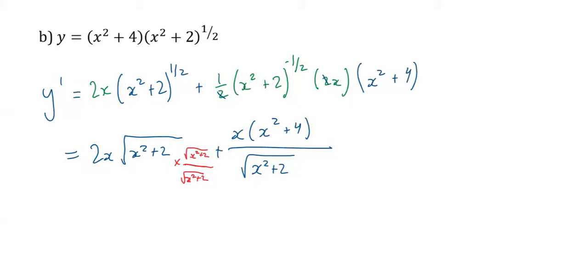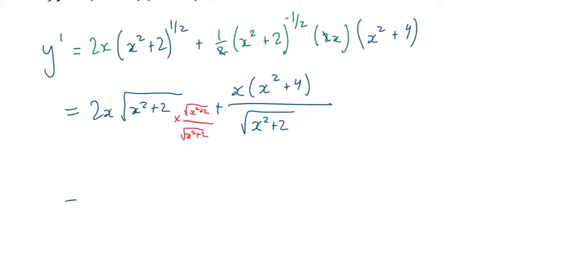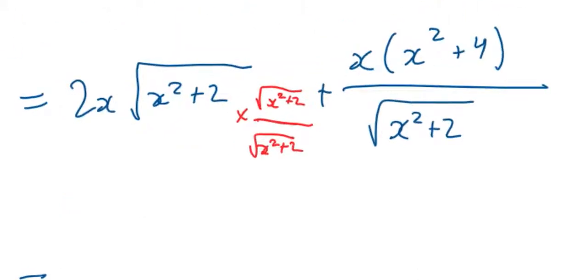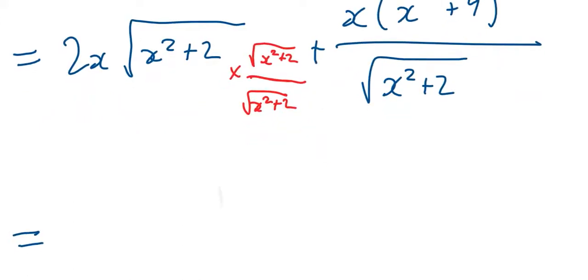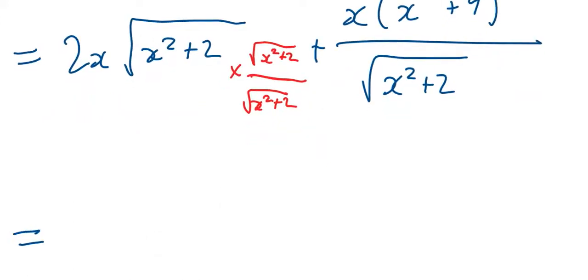And something interesting happens when we do this. Take a look. I've got square root of x squared plus 2 times the square root of x squared plus 2. So what is that? When I multiply on the top here, this is like over 1, right? It's x squared plus 2. So on top, I get 2x times x squared plus 2, and that's going to be over square root of x squared plus 2.